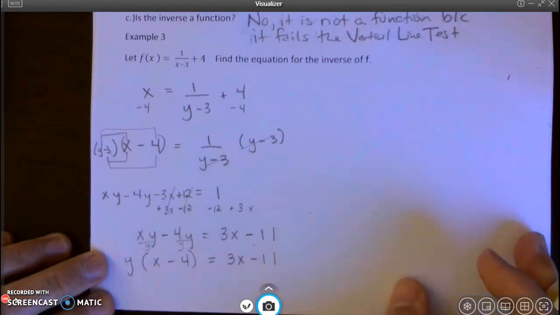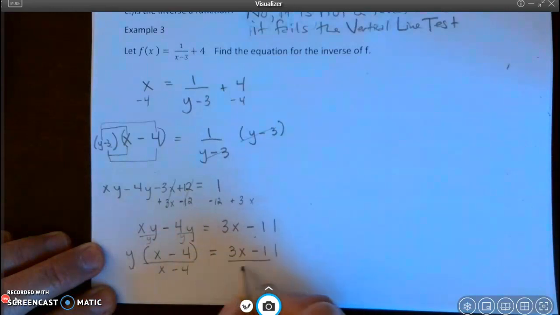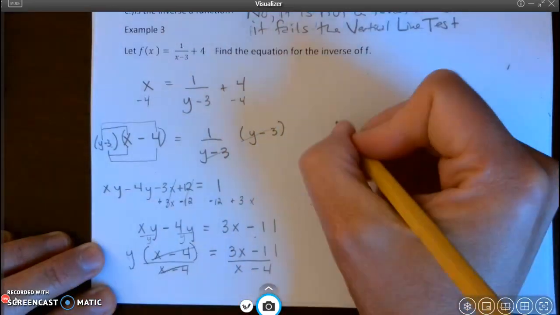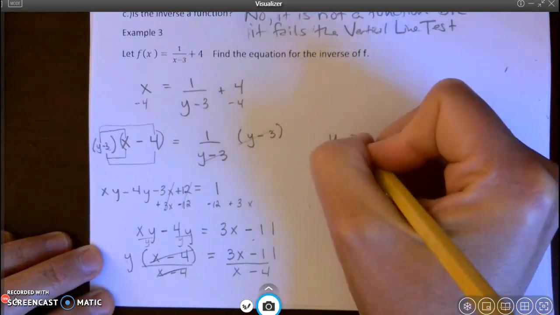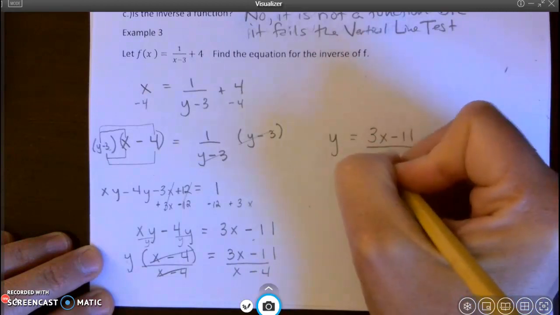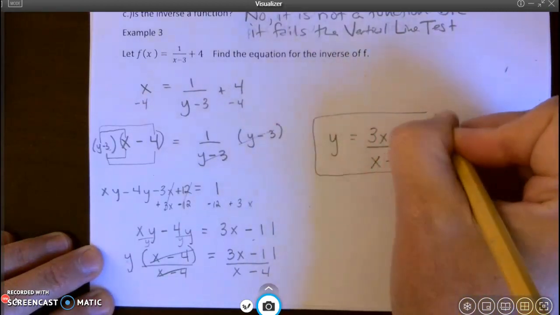Now I still have to solve for y, so the only thing left to do is divide both sides by x minus 4. And there is my inverse: y equals 3x minus 11 divided by x minus 4. That is the inverse.